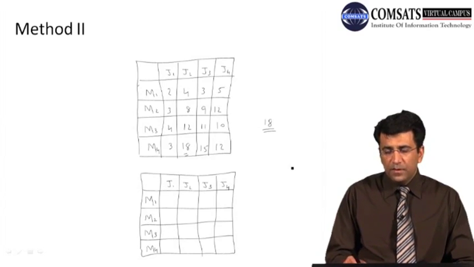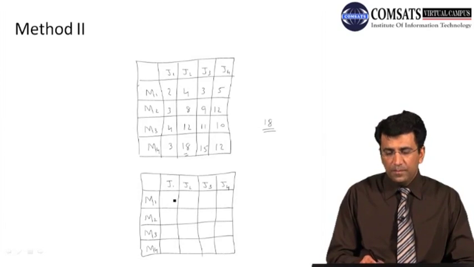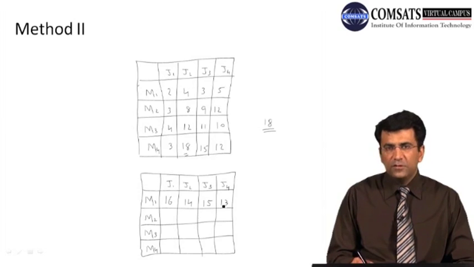Now class, 18 minus 2 will become 16, 18 minus 4, 14, 18 minus 3, 15, 18 minus 5, 13. So what we are doing, we are subtracting each value from this maximum number of 18.